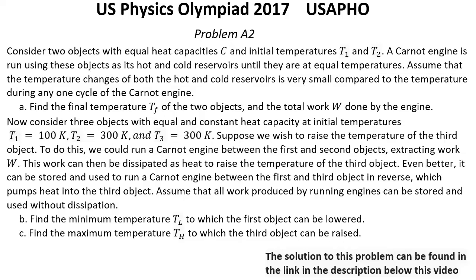To do this, we could run a Carnot engine between the first and the second objects, extracting work W. This work can then be dissipated as heat to raise the temperature of the third object. Even better, it can be stored and used to run a Carnot engine between the first and the third object in reverse, which pumps heat into the third object. Assume that all work produced by running engines can be stored and used without dissipation.